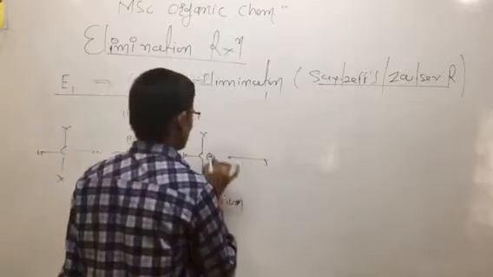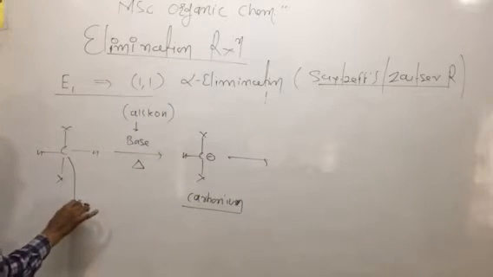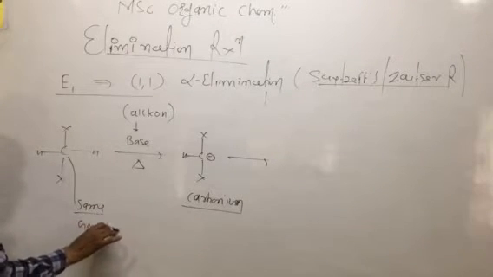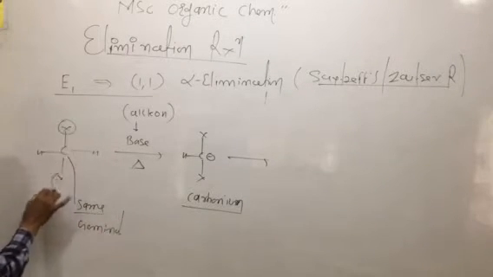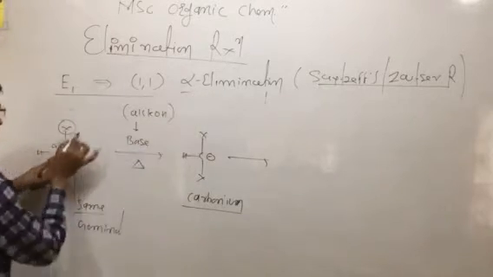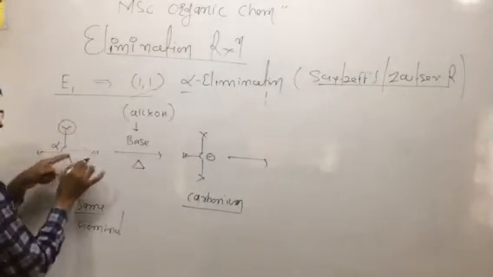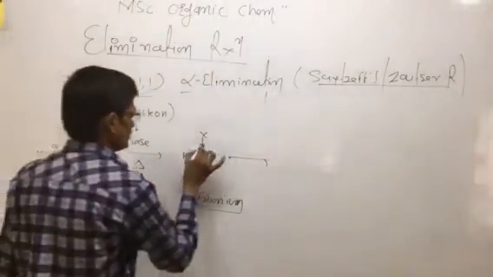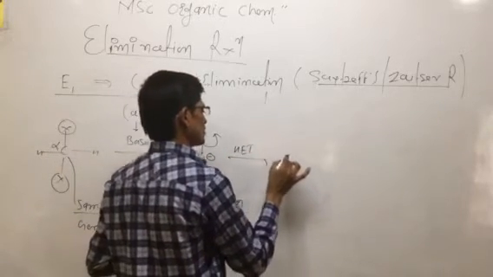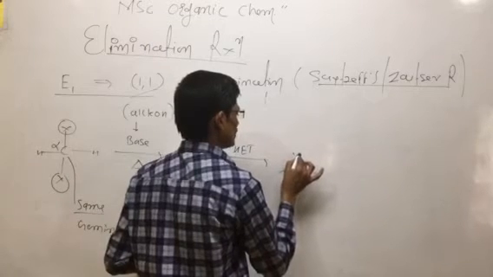In the next step, a hydrogen atom is lost from the same carbon atom, which is called geminal, and the halogen atoms are attached to the alpha carbon. That's why we call this alpha elimination. Again, why do we call this 1,1 elimination? Because the hydrogen is lost from here, and the halogen atom is lost by heterolytic bond cleavage, so the carbon becomes electrophilic in nature.